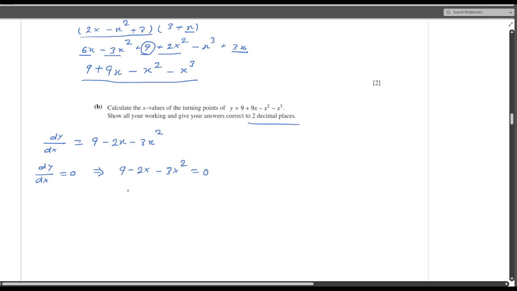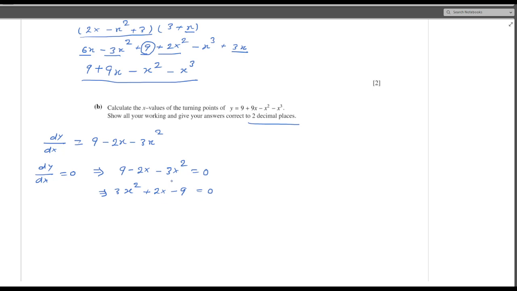I multiply everything by minus 1 and rewrite: 3x square plus 2x minus 9 equals 0. Now the x value. 3 into minus 9 is minus 27. Either I figure out two factors whose product is minus 27 and sum is plus 2, or I use the formula method.